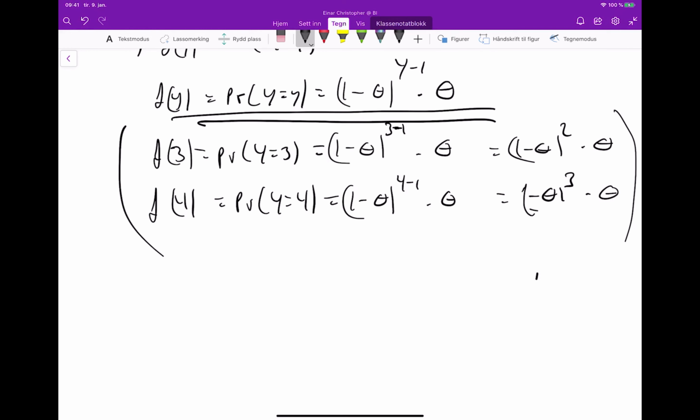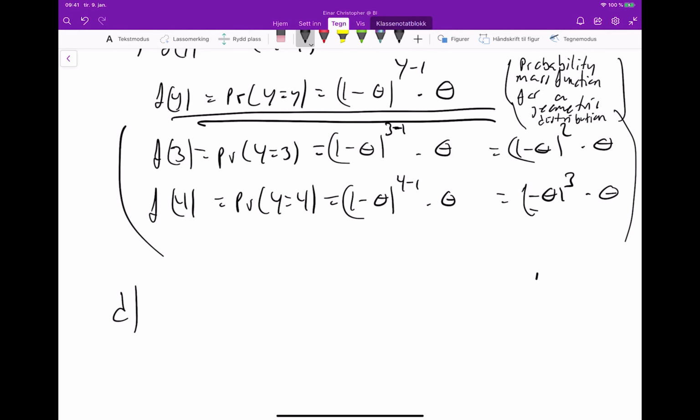Then we go to D. Okay, I can write here probability mass function for a geometric series, geometric distribution. So that's just a name.